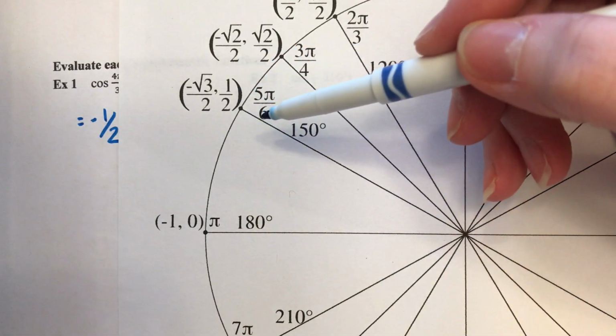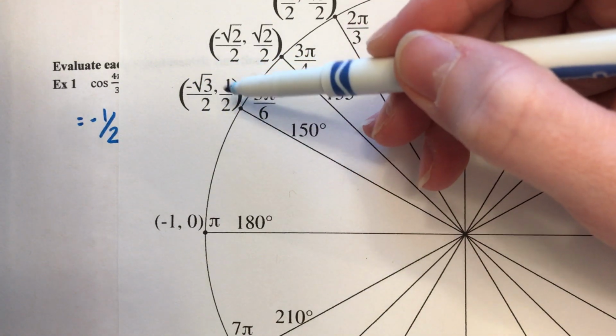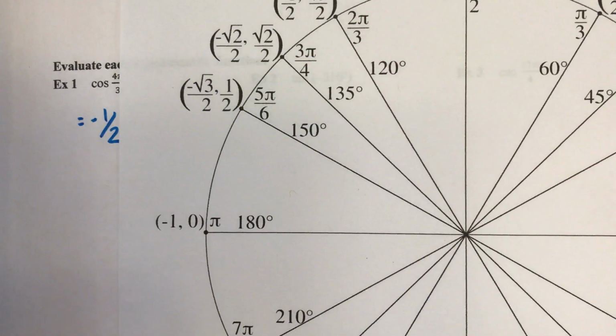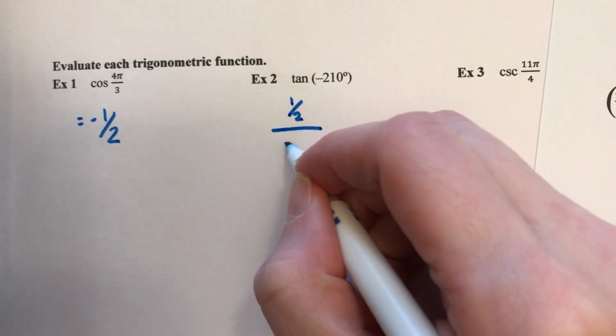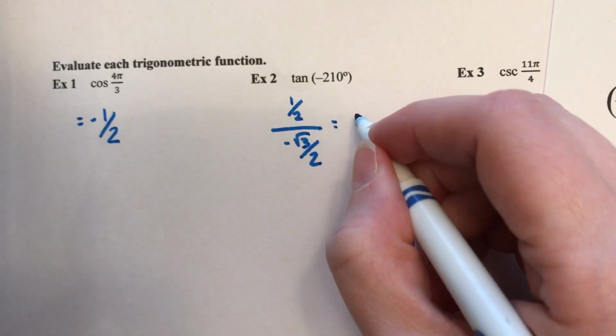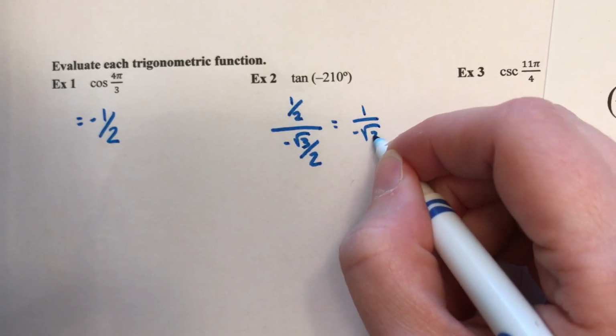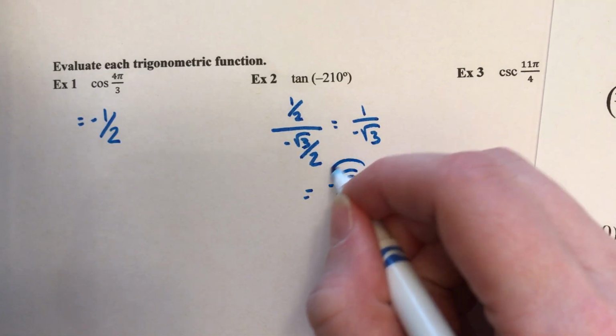Tangent is sine over cosine. So if I took 1/2 over negative root 3 over 2, I'm going to write that down. The 2's cancel, so I'm left with 1 over negative root 3, and that simplifies to negative root 3 over 3.